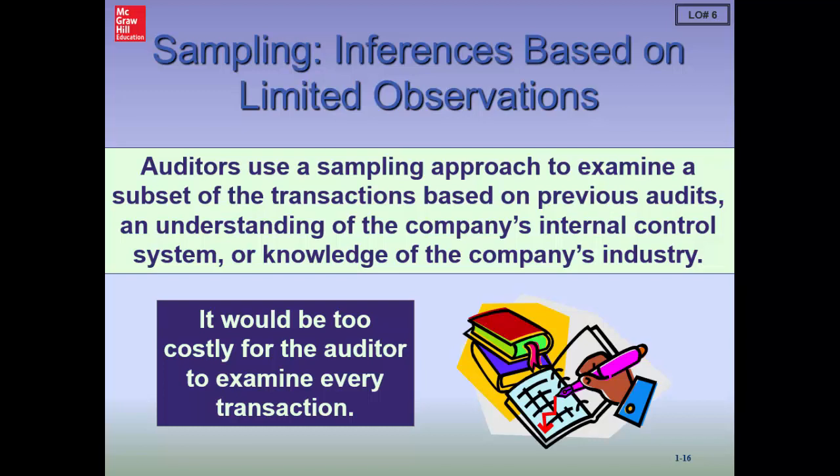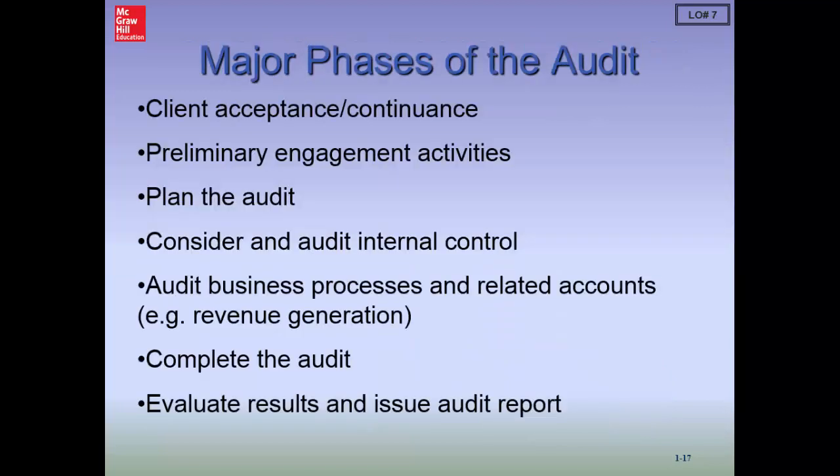We're not looking at absolutely everything. We're looking at a subset. So the way we pick our sample is going to be critical. How much we actually look at is going to be critical. And the sampling technique will, in fact, impact our audit risk.